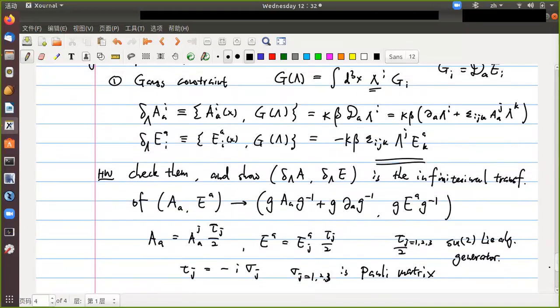Your homework is of course to check this Poisson bracket. Secondly, you should be able to check that the infinitesimal version of this finite gauge transformation gives precisely these two formulas, and you should be able to work out the relation between G and this lambda.